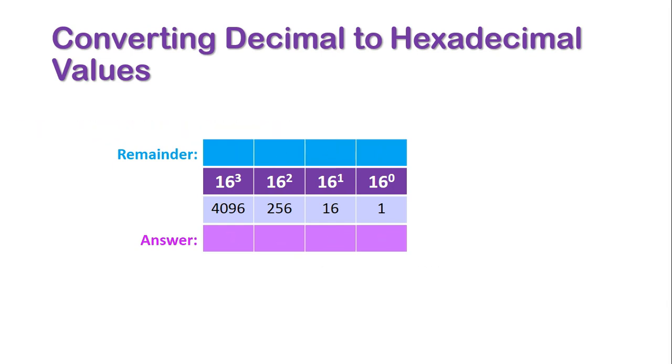The final value we'll look at is 25,000. Quite a large value, as you can see with these decimal to hexadecimal conversions. So 4096 goes into it 6 times with a remainder of 424. 256 goes into 424 once with a remainder of 168. 16 goes into 168 10 times with a remainder of 8.